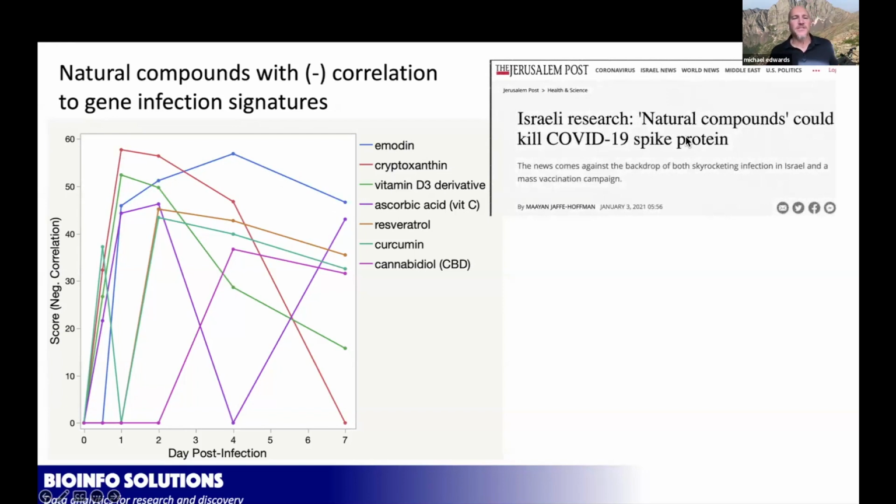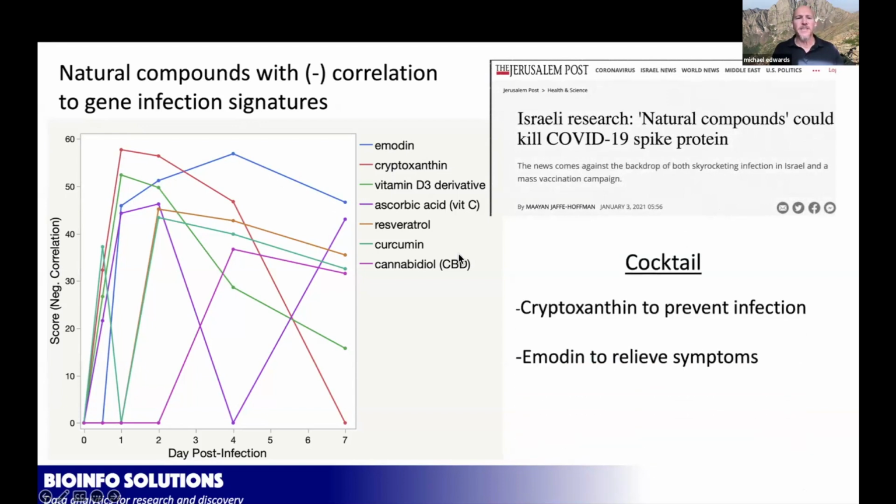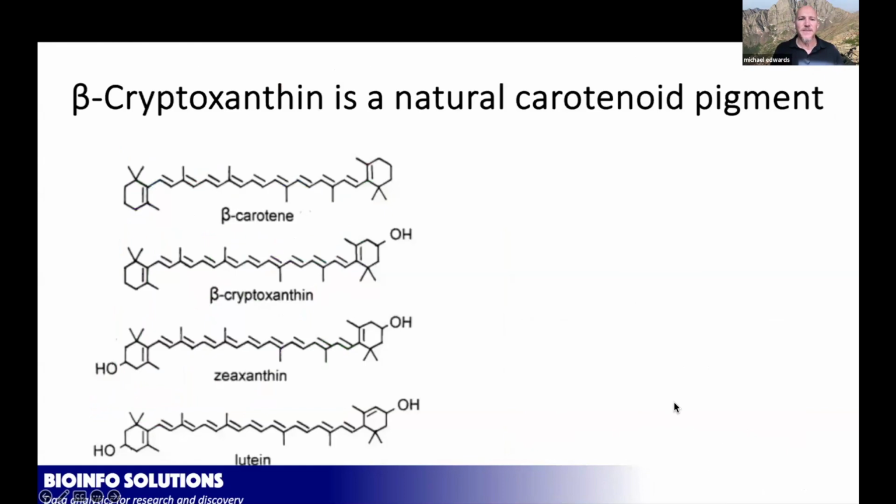And as this was going on, I think there's been a big desire, especially in Israel and China, to look for natural compounds that could potentially treat this disease. So maybe what you do is take cryptoxanthin to prevent symptoms, and then emodin, if you do get sick, maybe will help relieve the symptoms.